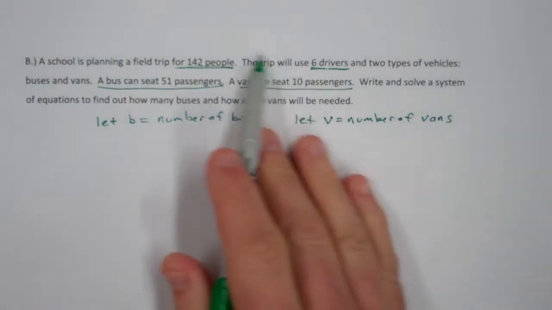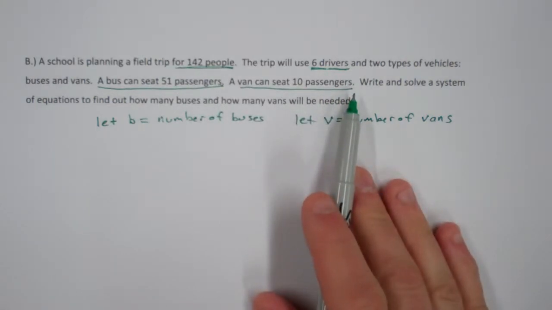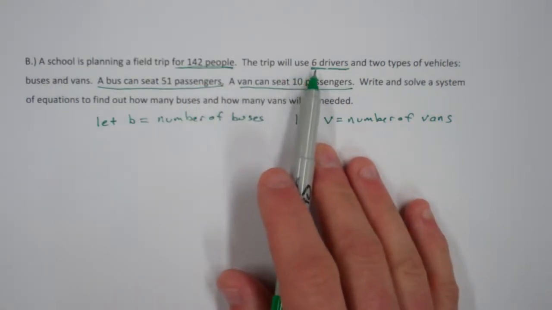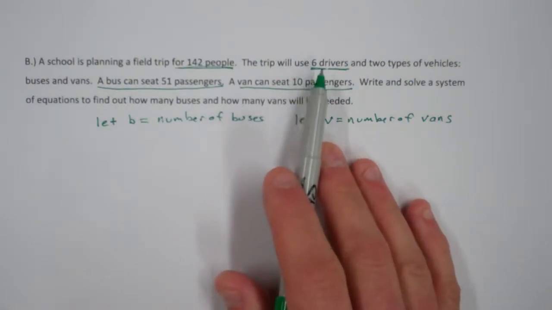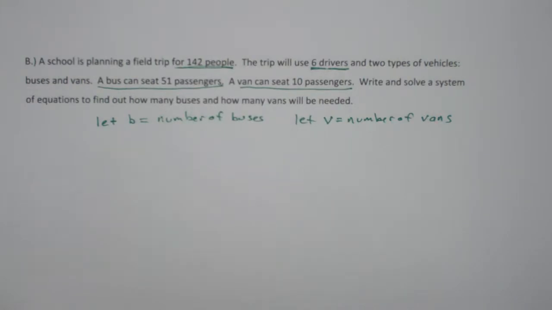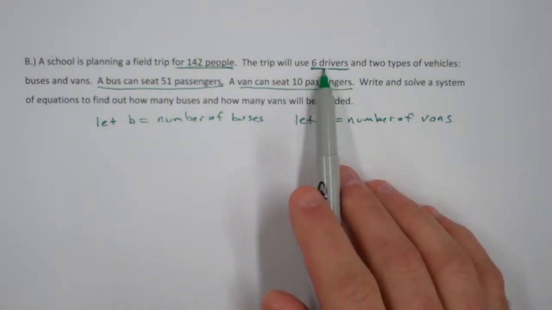Now it's time to use the information that we've picked out of the entire problem and see if we can figure this one out. So the trip's going to use 6 drivers. Well, you usually don't have 2 drivers for one vehicle. So to me, this statement means that altogether we have 6 different vehicles.